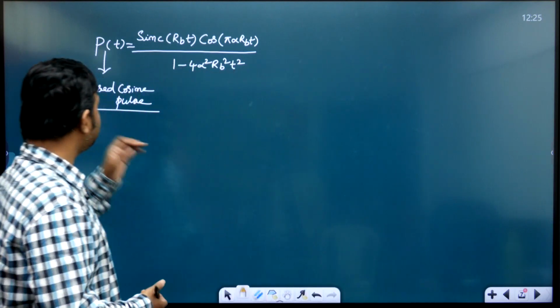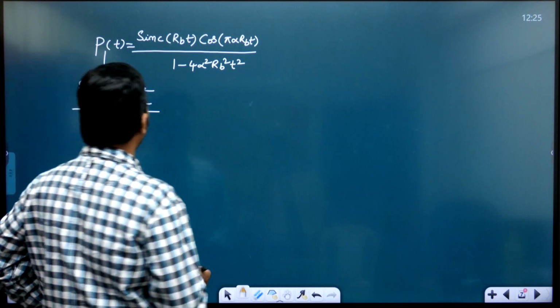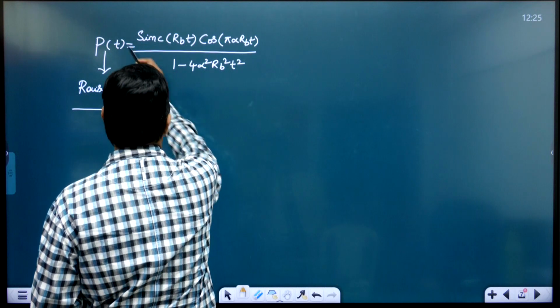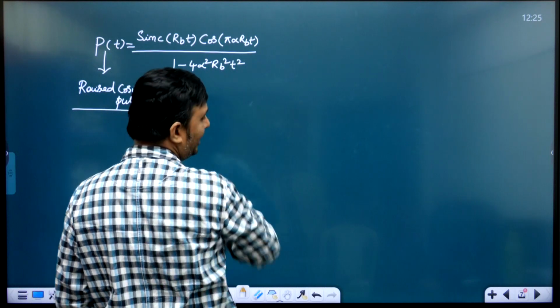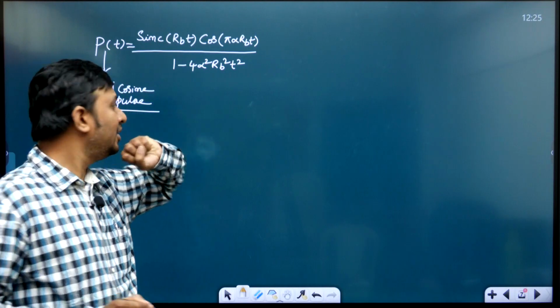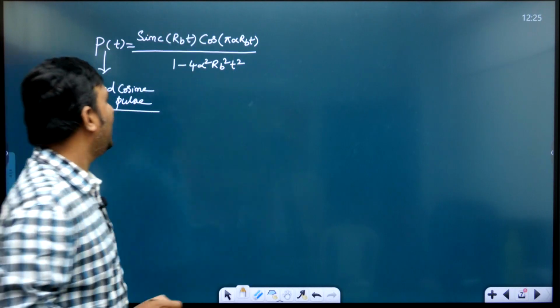Alright? Now, observe here. First of all, I'll find the Fourier transform of the numerator, and later on I'll include the denominator. In the initial stage I won't include the denominator; for the time being, neglect it.